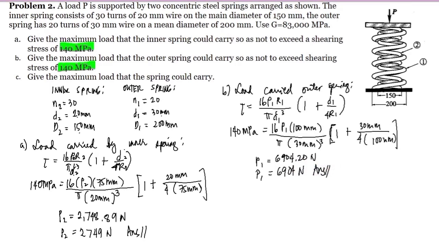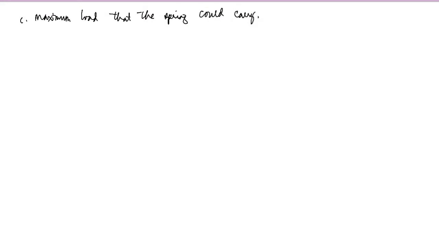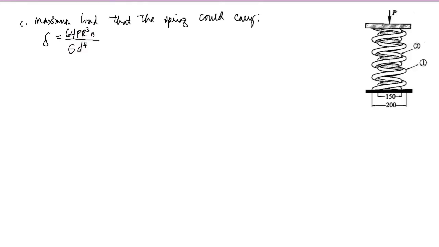For situation C, we are asked to give the maximum load that the spring could carry. From the formula for deformation, delta equals 64 P R cubed N over G d to the fourth, we assume that the deformation in the inner spring is equal to the deformation of the outer spring, so deformation 1 is equal to deformation 2.